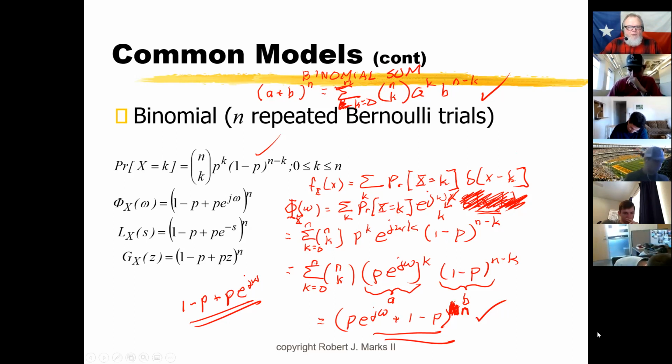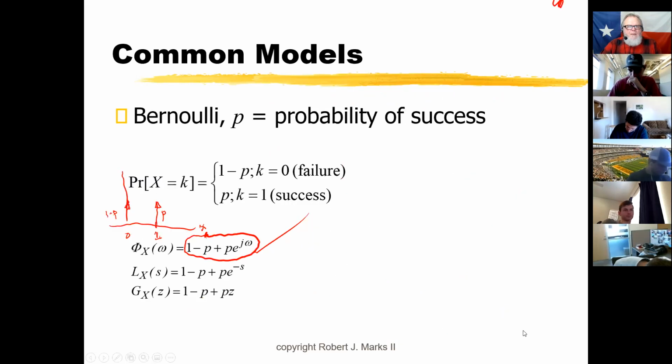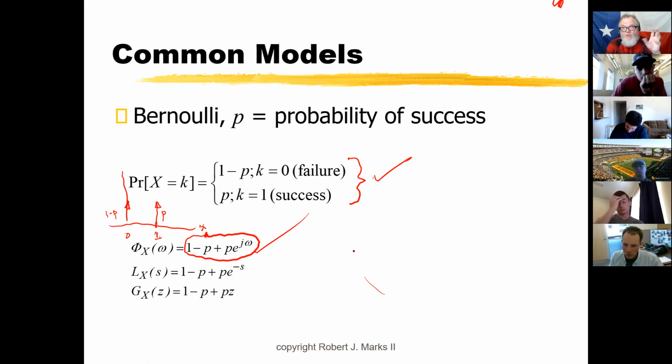Here's something else which is weird. You see this result here for a binomial. Well, if we add up a bunch of binomials, I'm sorry, if we add up a bunch of Bernoullis, we get a binomial. Does this mean that this convolved with itself n times, because remember, if we add independent random variables, we convolve their density functions, right?